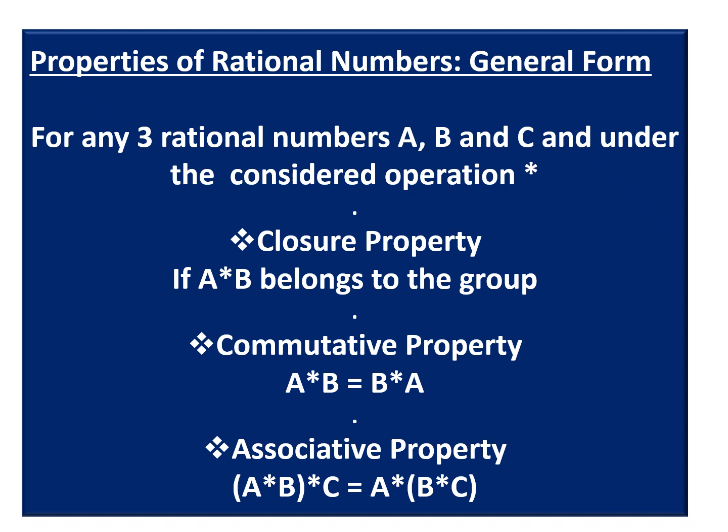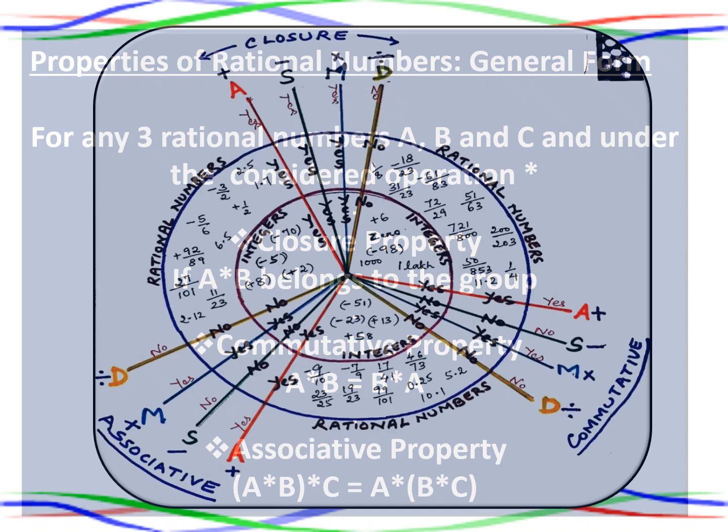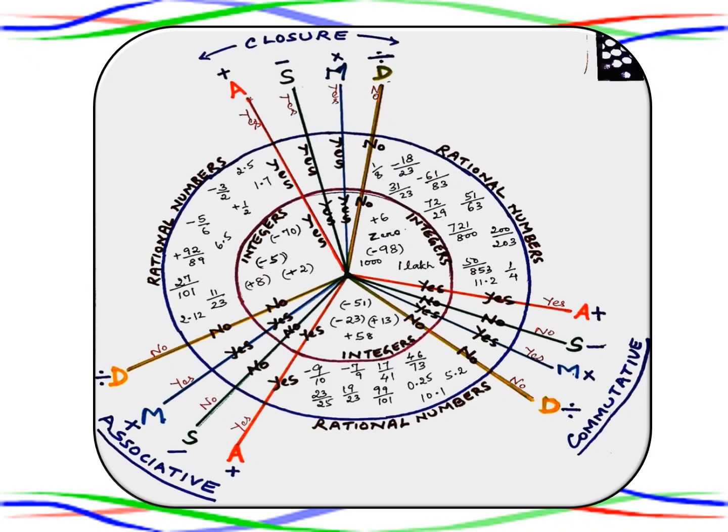So let us move on to a pictorial representation and consider the same properties in a different way. You can see two circles. The inner circle has integers in it. Consider it as a family of integers, and the outer circle has rational numbers in it.